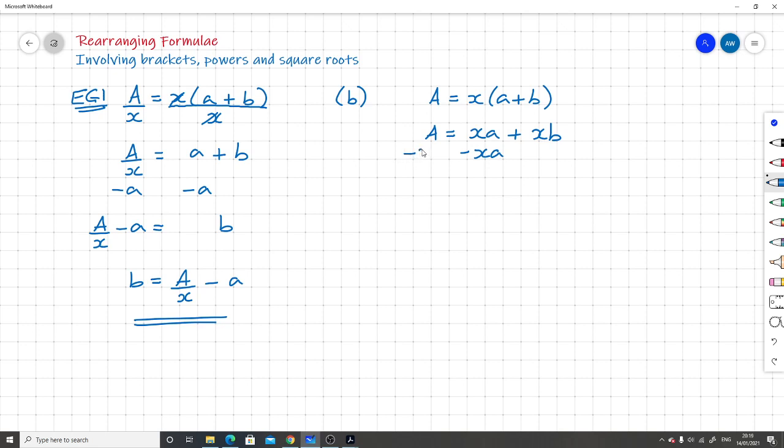Do it that side, do it that side. A take away xa equals plus xb, which is just xb. Now all we need to get rid of to leave b on its own as the subject is the x, and it's being multiplied by the b, so we divide by x, and remember to divide everything on that side by x as well, not just one of the terms, all the terms.